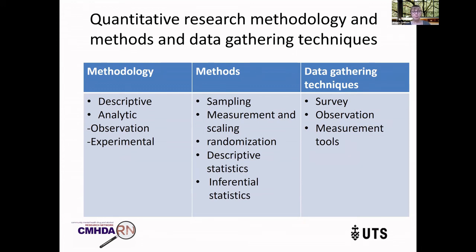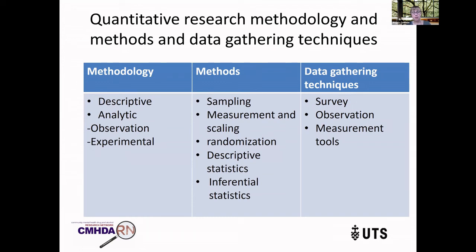Now, in these different approaches, for the descriptive studies, we use descriptive statistics to produce frequency counts, measures of central tendency, means, etc. Maybe measures of dispersion, standard deviations and all of that, if you know the bell curve. But when we're doing analytical studies, we're using inferential statistics.